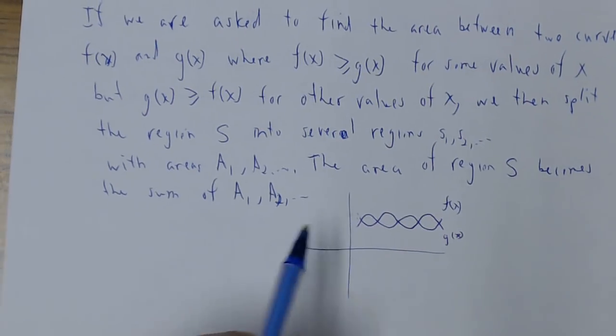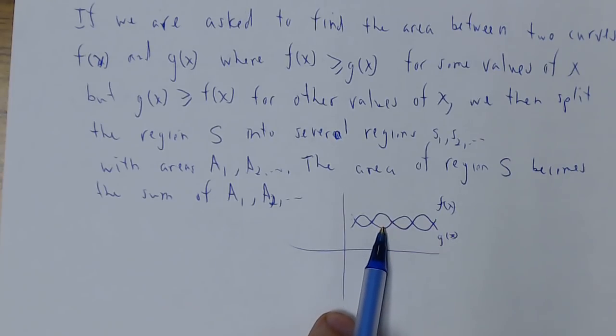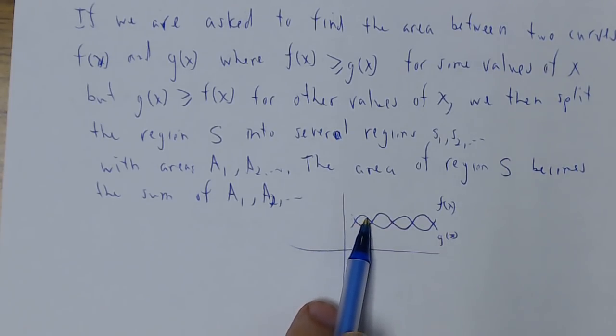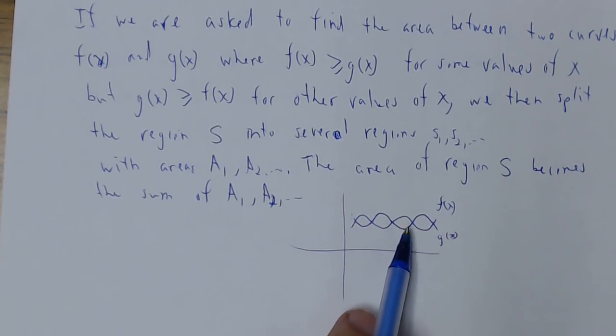From this value to this value, F is above G, but then from here to here, G is above F. So I would have to have one integral here where you say that minus that, and then a different integral here, then that minus that, and then a different integral here, this minus that, and then a different integral there for that minus that.